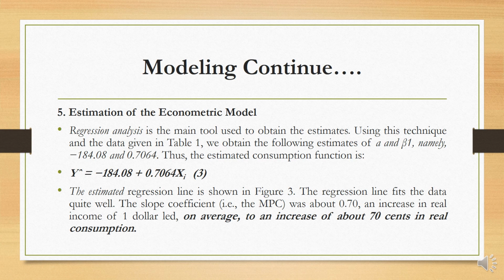The economic meaning of the 0.7 is that an increase in real income of, say, $1 led on average to an increase of about 70 cents in real consumption.